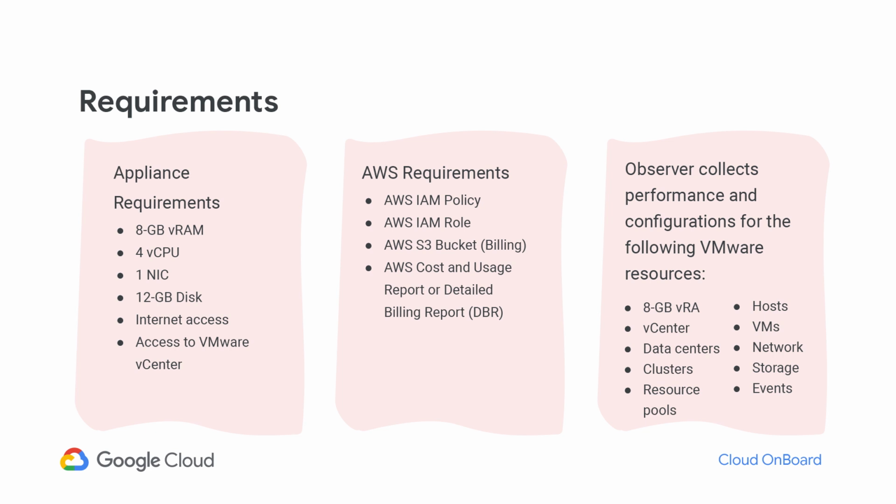It processes the data and shares it to the Cloud Physics web portal. The observer you've deployed collects your on-prem VMware performance and configuration data, in order to provide you a very holistic picture of your environment, and then you can think about how that's really going to work.